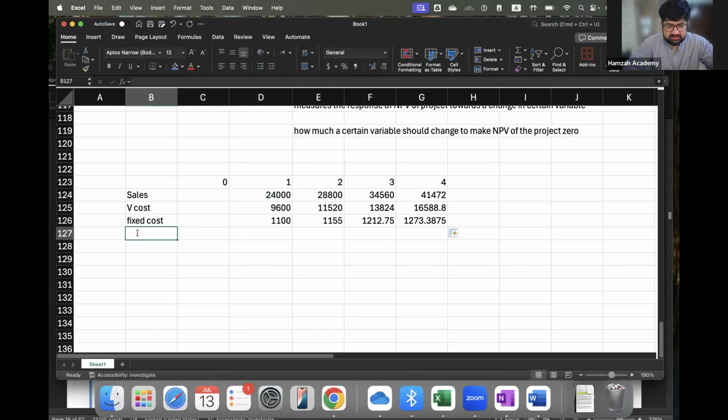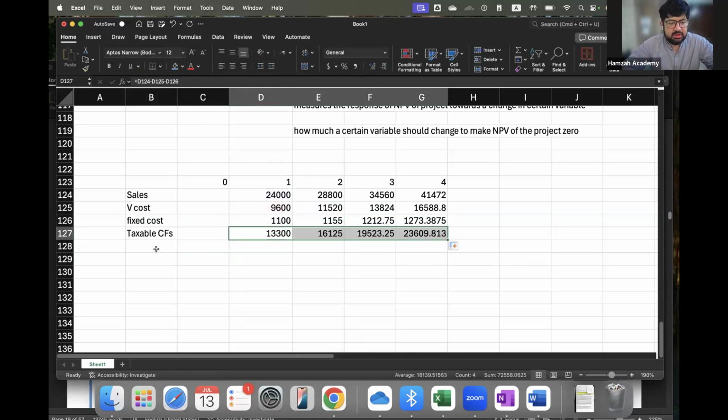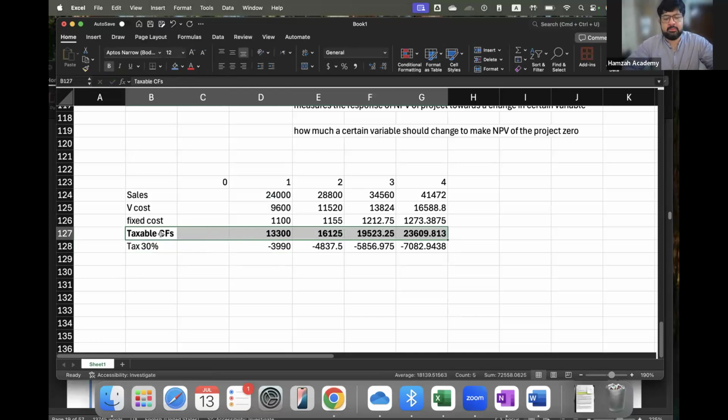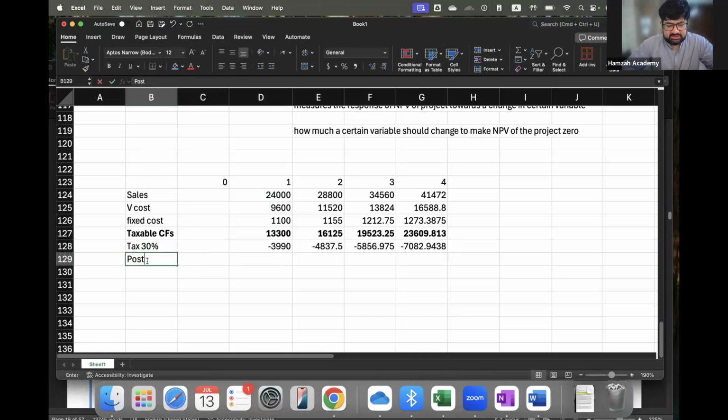Fixed cost. Now, taxable cash flows: this minus this minus this. Tax rate is 30%, same year. This into 0.3, negative. Post-tax cash flows.